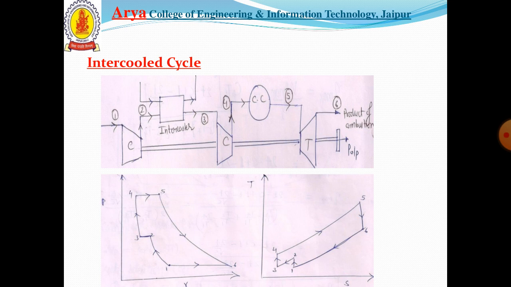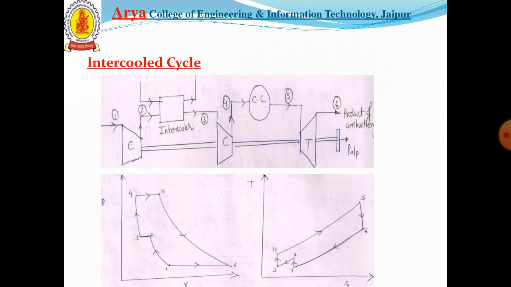Process 5 to 6 is the isentropic expansion process in which work can be obtained on the turbine shaft. In the cycle, the same arrangement is shown, that compressor and turbine are mounted on the same shaft.